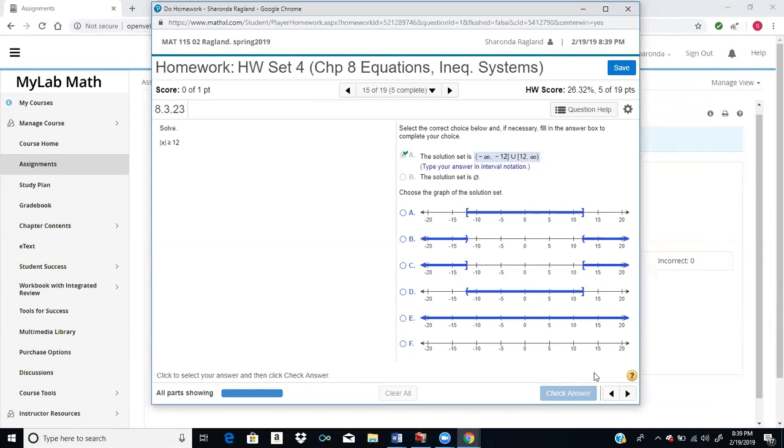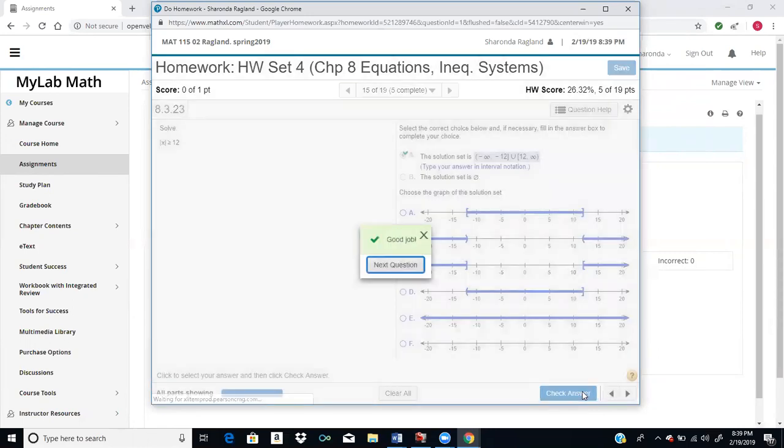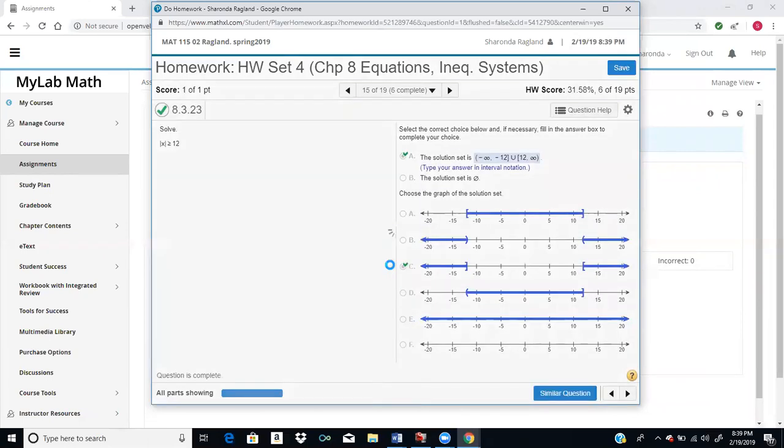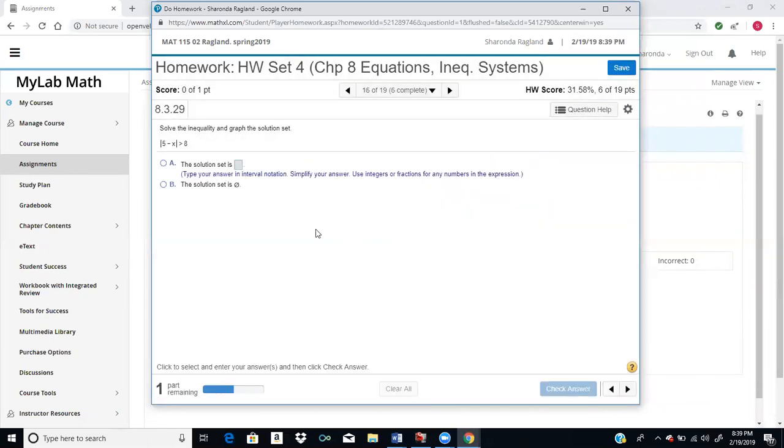But we need closed brackets at negative 12 and 12. So let's see. Good. So that really helps us out first by doing the graph.